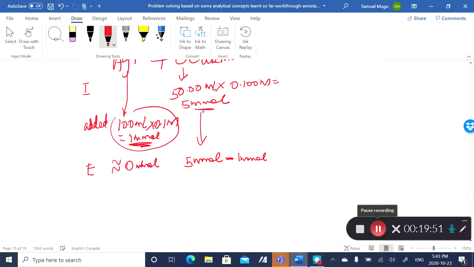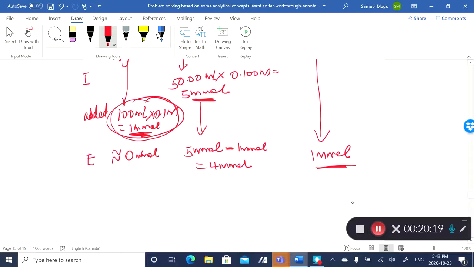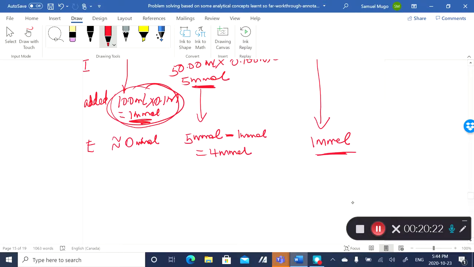This one has gone into consuming that. And so it's 4 millimoles. Okay, and of course, I have formed 1 millimole of my silver chloride. For every 1 mole of silver added, it consumes 1 mole of the chloride to make 1 mole or millimole, the equivalent of the silver chloride. And so that's what it is.